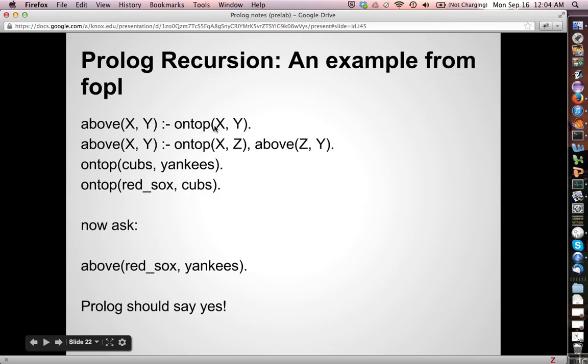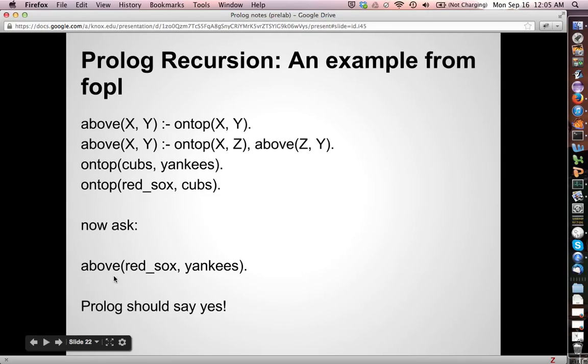X is above Y if X is on top of Y. And then X is above Y if X is on top of some Z, and Z is above Y. Now this implies that somewhere in our rule database, this being the relationship directly on top, we're going to have some facts, in other words, some predicates that don't rely on variables but have atoms plugged in. So we've got on top Cubs Yankees, because the Cubs are better than the Yankees, and then on top Red Sox Cubs, because I kind of like the Red Sox more than the Cubs, and I'm writing the example so I can define the rules any way I want.